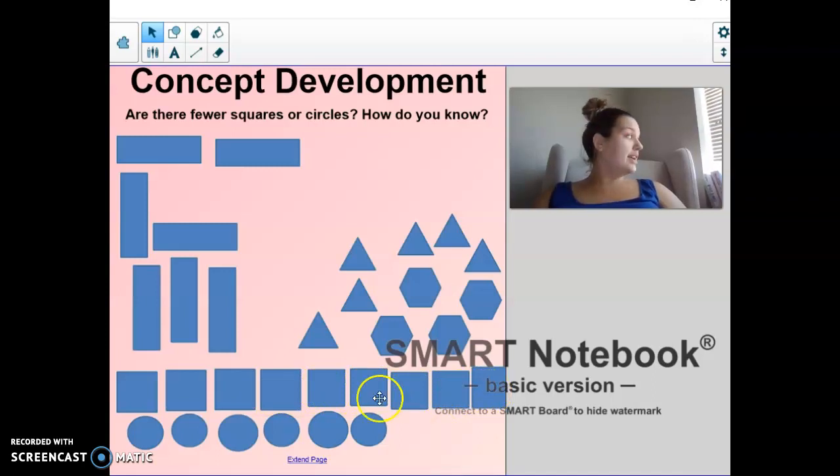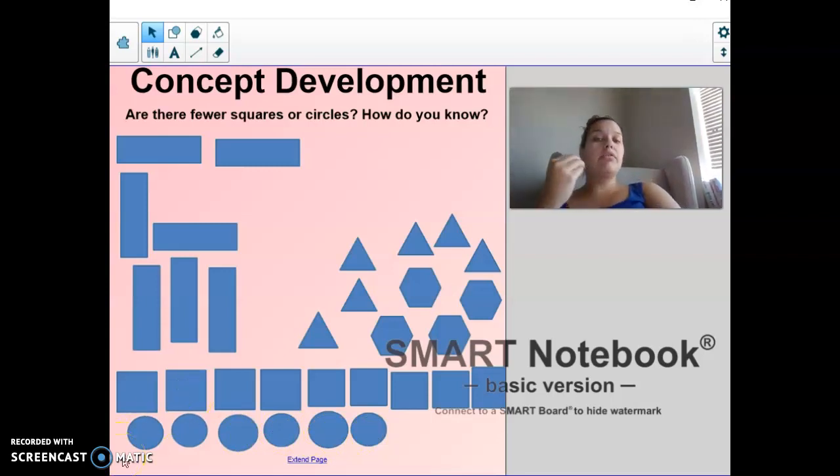And let's count our circles together. 1, 2, 3, 4, 5, 6. Now they're lined up pretty nicely underneath each other. I want you to tell me, are there fewer squares or fewer circles?